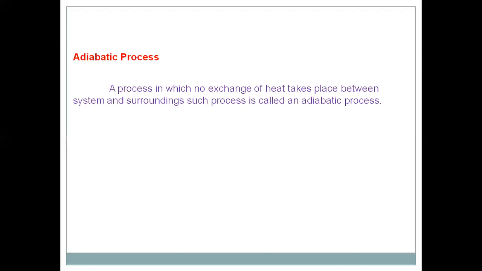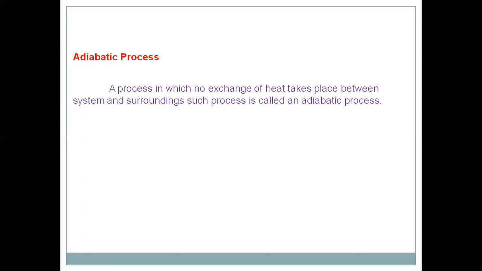If you press the piston, then the temperature of the system increases. Even if the surrounding is made of adiabatic, that is insulating, material, no heat energy will go to the surroundings. So there is no heat transfer between system and surroundings. Such a process is called an adiabatic process.